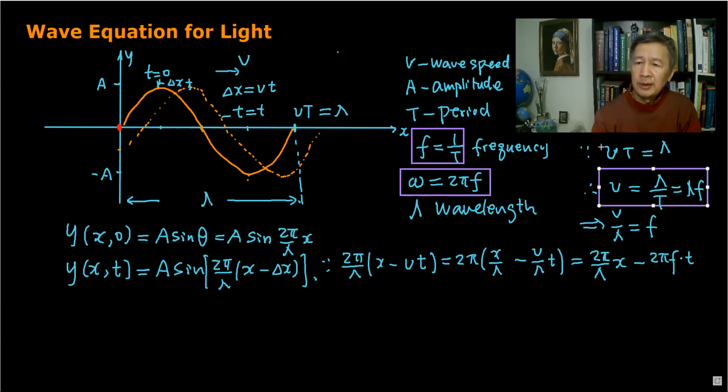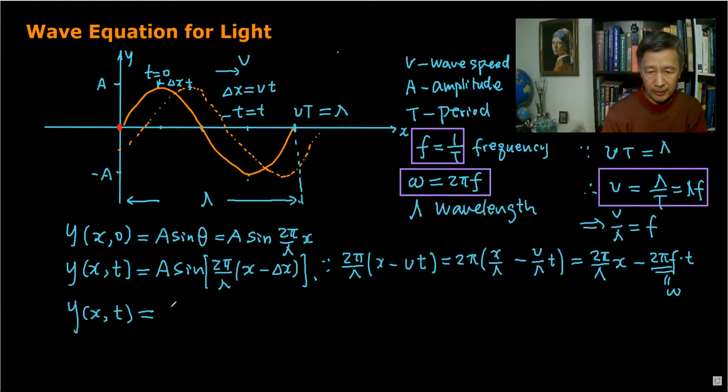Okay. Lastly, we can rewrite this 2 pi f as omega, so that this term will equal omega. In this way, we can obtain the wave equation for a sine wave, the simplest regular wave.